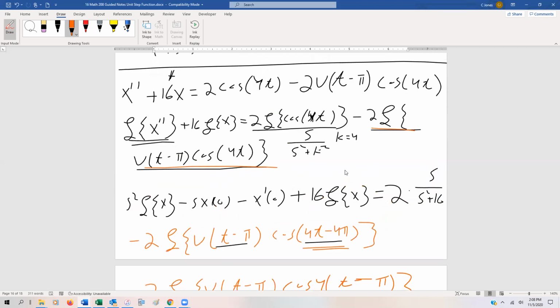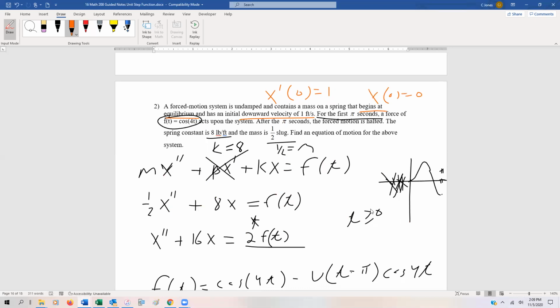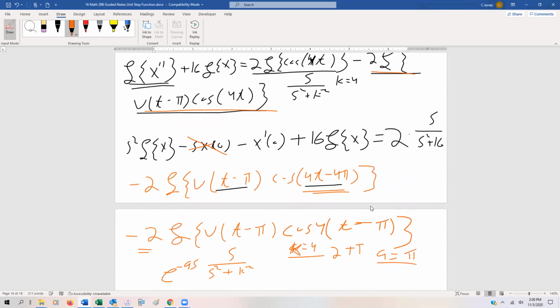And by the way, you might remember in the original problem that we had an initial downward velocity of 1 foot per second. So x prime at 0 is 1, right? And it begins at equilibrium, so that means x at 0 is equal to 0. So that actually helps out a lot because x at 0 is 0, and this is just 1. Right?